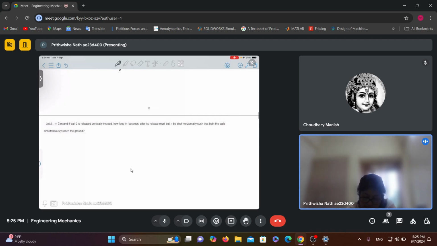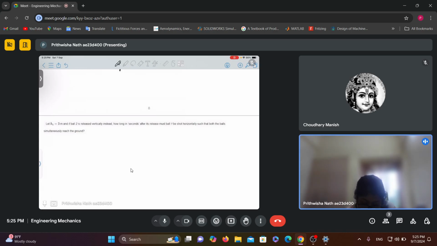Now the next part of the problem. Let h1 be 3 meter, and if the ball 2 is released vertically instead. Now initially what we saw that both of these balls have a horizontal velocity. Now it is mentioned that ball 2 is released vertically instead.